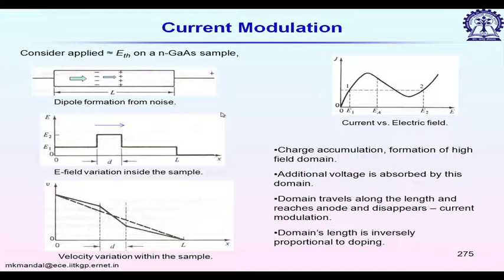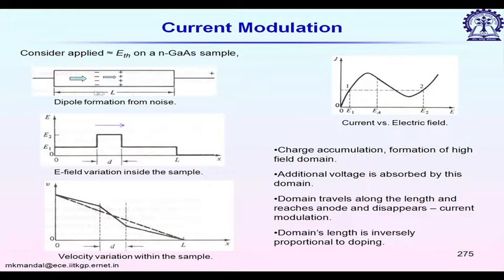Now, let me discuss how we can generate microwave or millimeter wave signal from this type of devices. So, let us go back to the very basic things. Let us say we have this rectangular block, it shows the schematic N type gallium arsenide sample, and consider the applied voltage is E TH near the threshold.